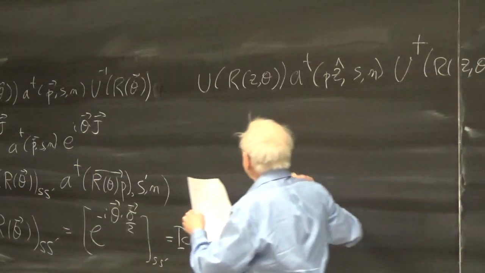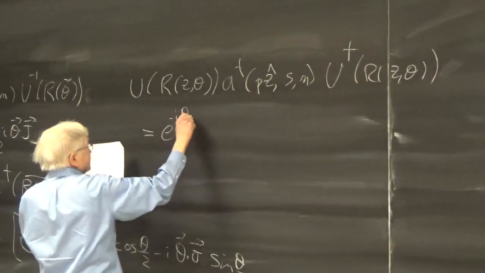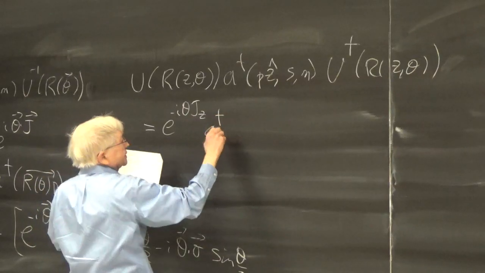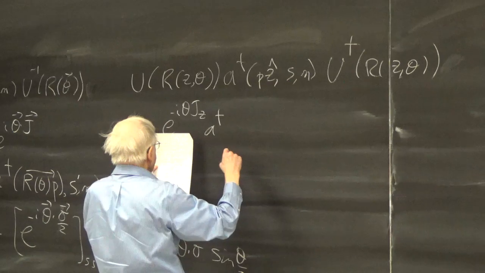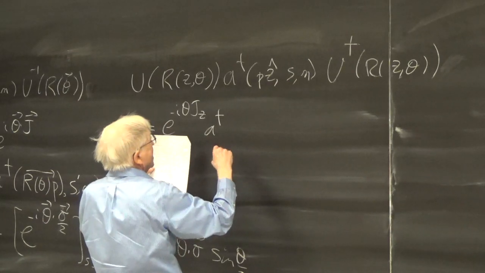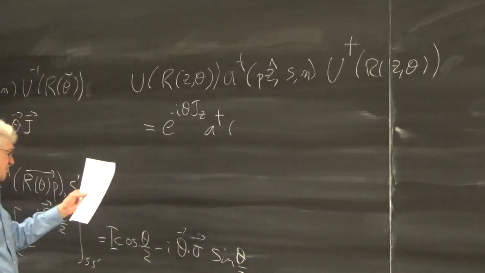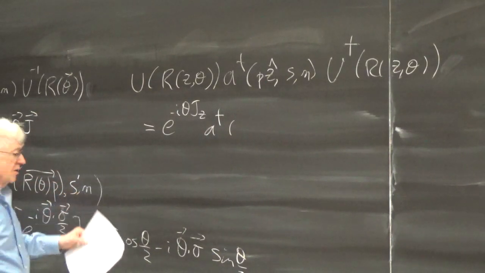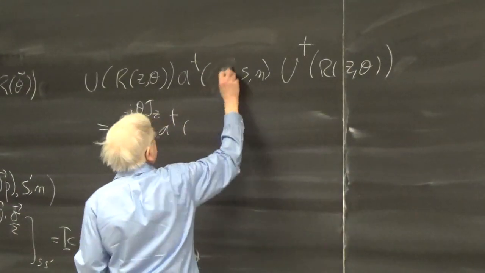And let me again use this part of the board. e to the minus i theta J_z, a dagger. Let's see, now I'm a little puzzled as to which equation I'm using here. Okay, I was actually trying to do something more complicated than I thought.